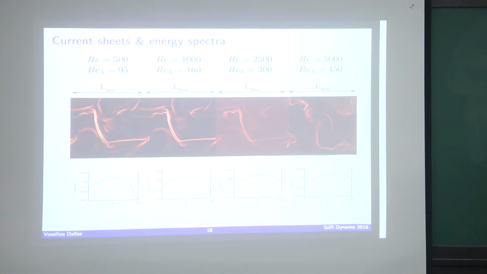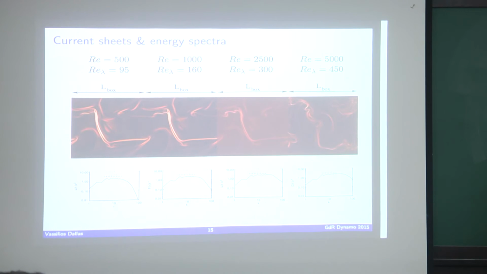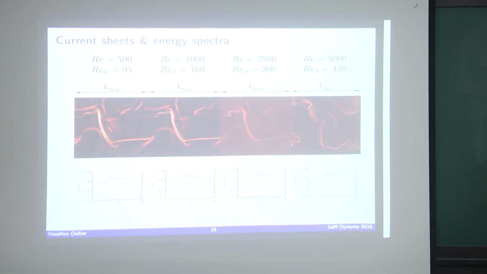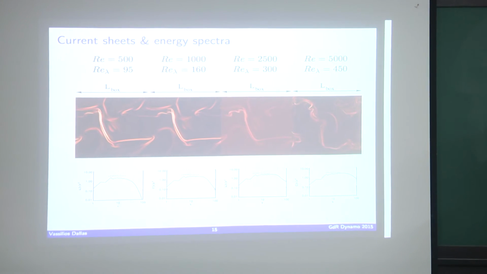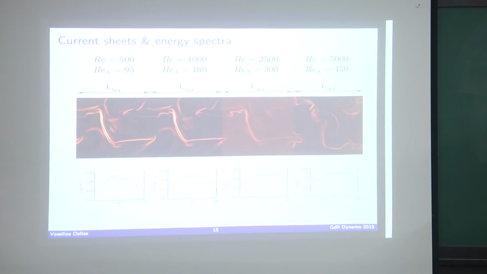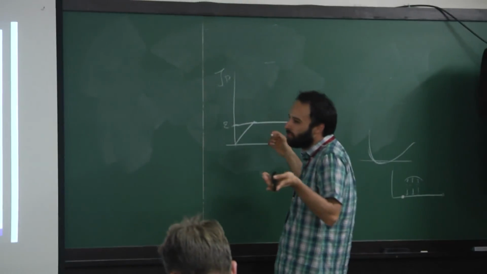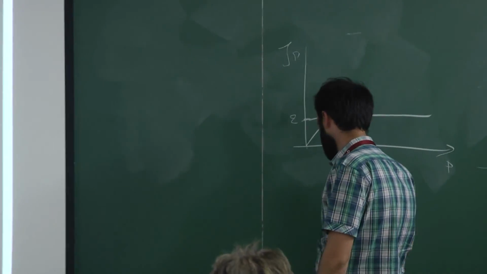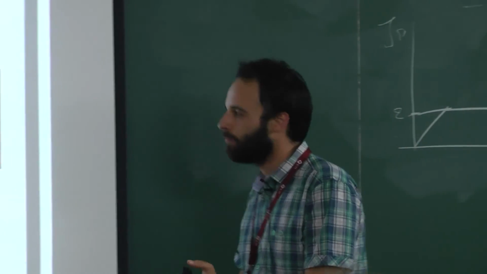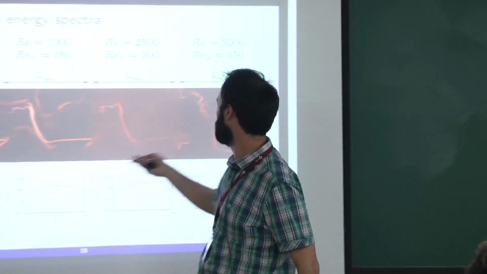I talked also with Anik, and she was telling me you will get the standard thing. So basically, this is P, and that's 2, and what you will get is this, like you get in Burgers. But for this case, not for higher.